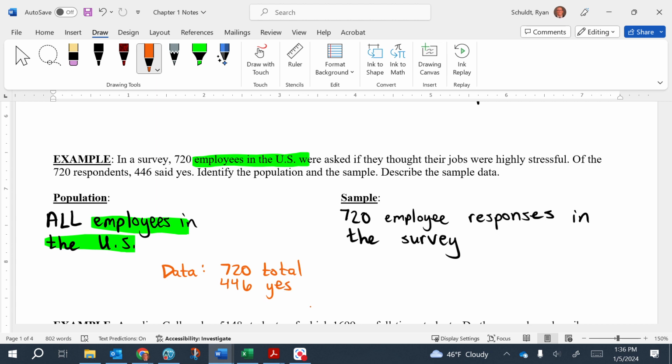How many said no? How can I figure that out? Just subtract. They didn't give us that information, but we could easily calculate it. 274.